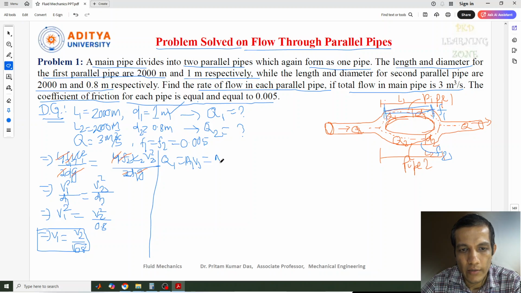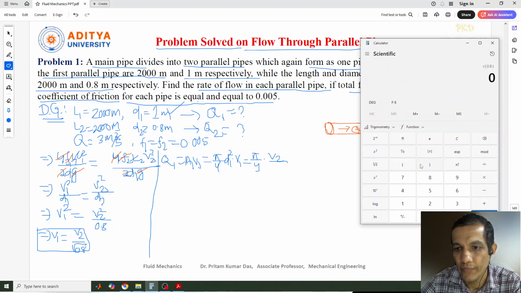A1 is pi by 4 D1 square into V1. D1 is 1, so there is no effect, and the V1 value is V2 divided by root over of 0.8.